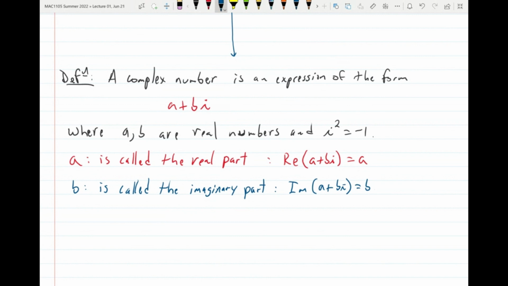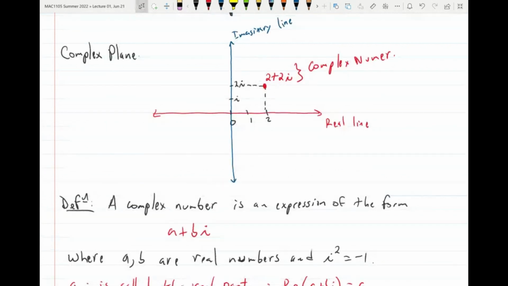And now with this definition, every real number is also a complex number. It's just that the imaginary part is 0, right? Because any real number will sit on this line having an imaginary part 0. Similarly, an imaginary number is also a complex number with real part 0, right?